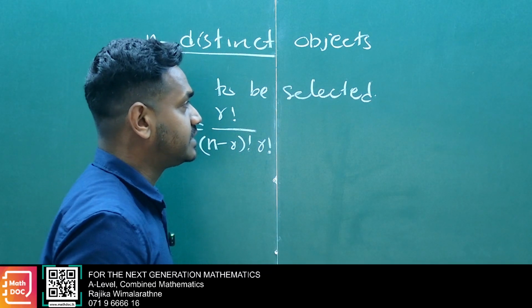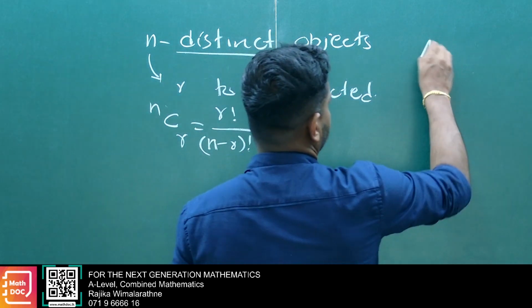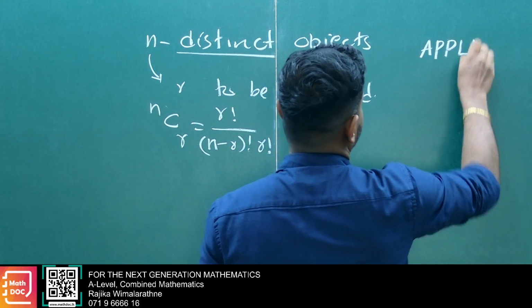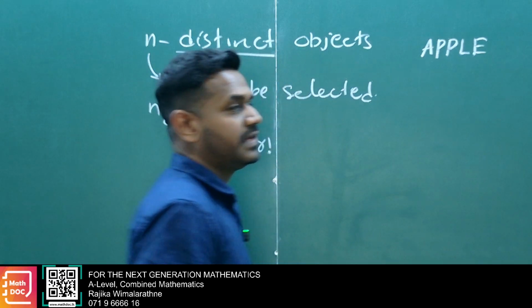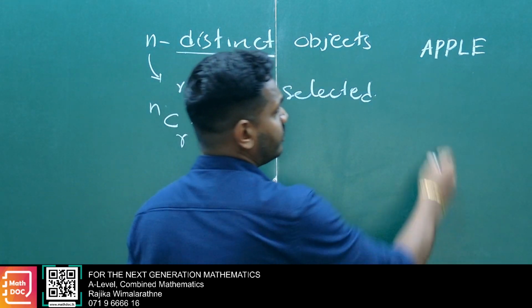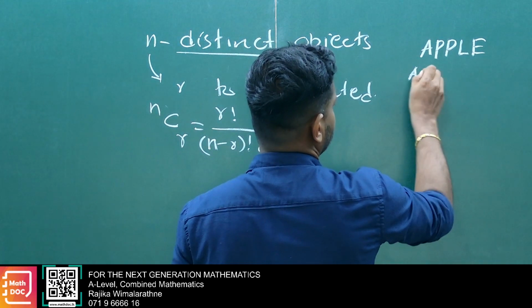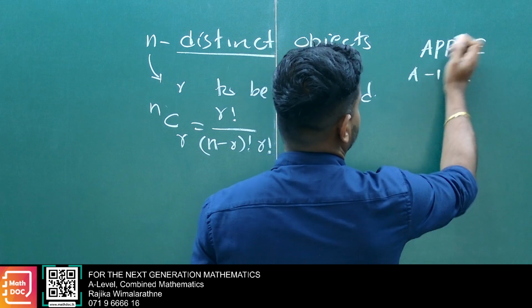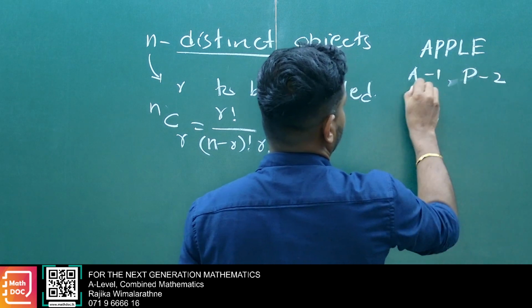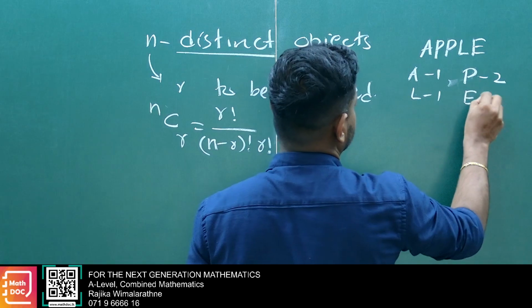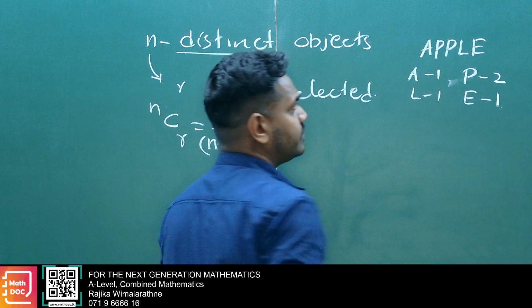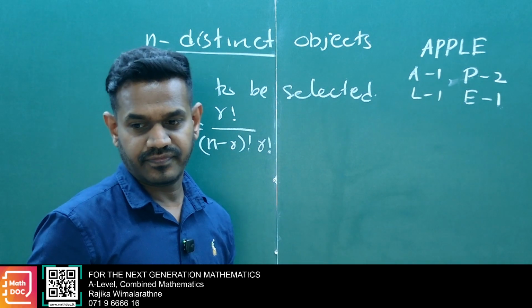So you consider APPLE. So here we have one A, two P letters, one L letter, one E letter. Let's say we need to select three of them.